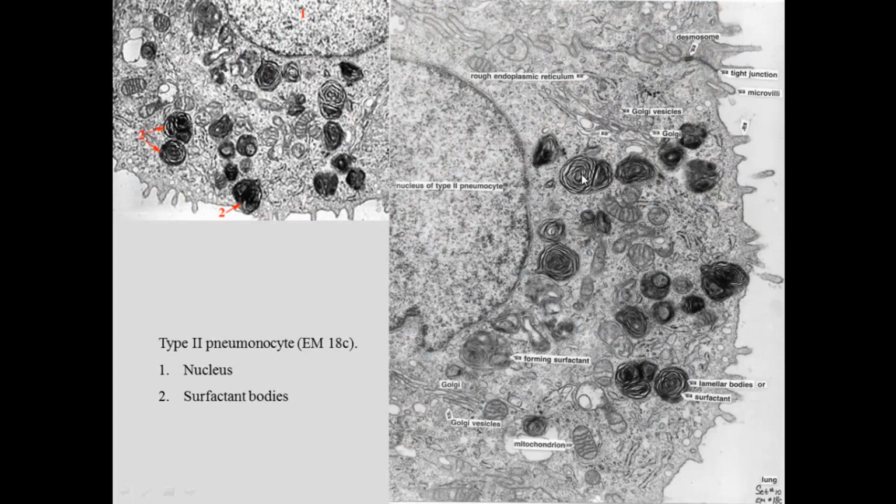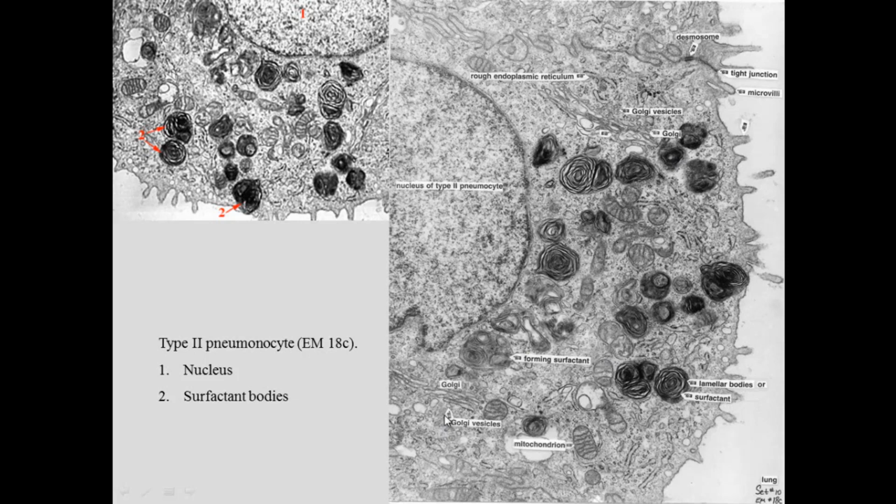There's the nucleus, and you see the lamellar structures, layers here, which unfold, lay out, and cover the surface of the type 1, type 2 cells that are located in the alveolus. And you can see the mitochondria, different organelles associated with the production of these things, the Golgi.